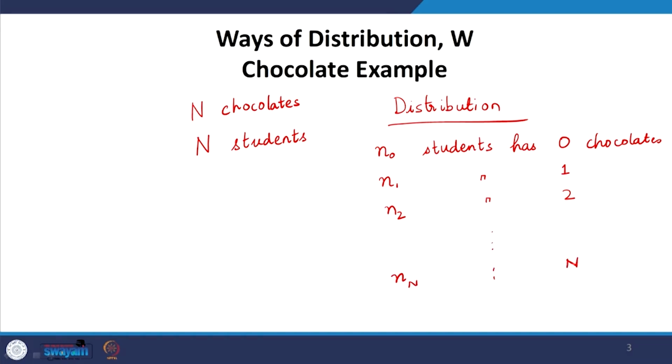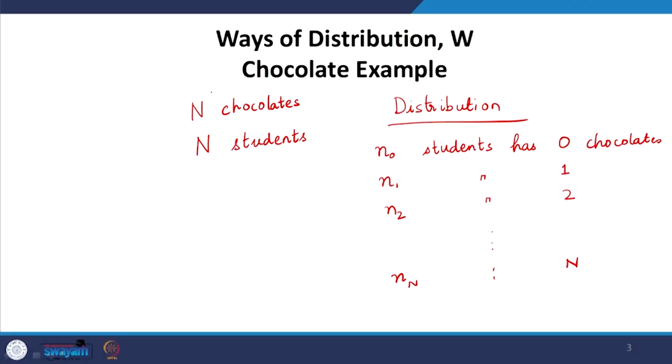One thing to keep in mind is that although in this example we have taken the number of chocolates to be the same as the number of students, it need not always be the case. Let us say instead of n you have m chocolates distributed among n students.